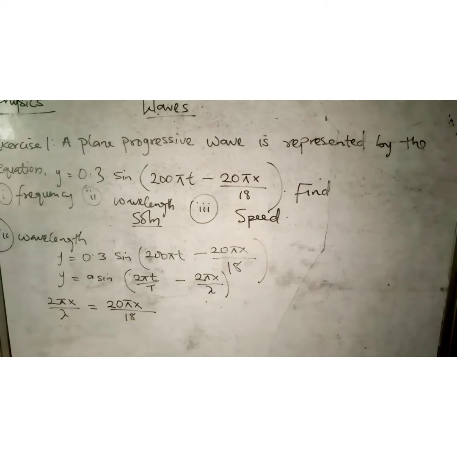The next thing to do is to cross multiply. If we cross multiply, we have that wavelength multiplied by 20 pi x is equal to 18 multiplied by 2 pi x.